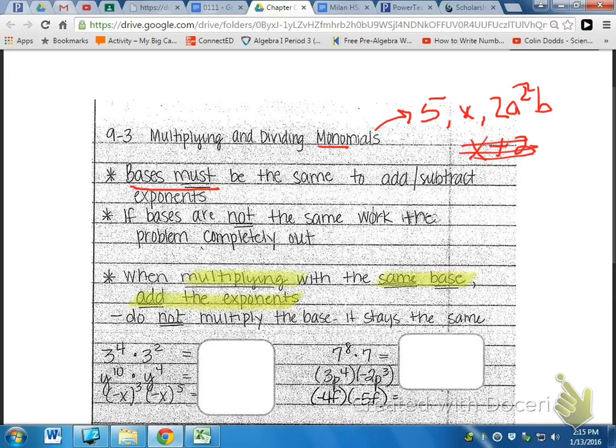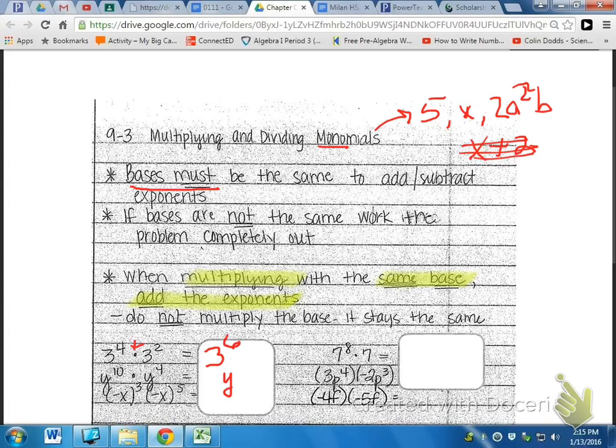So what we're looking at here would be this: 3 to the 4th power times 3 to the 2nd power. The base 3 stays the same, but you add 4 plus 2 and you get 3 to the 6th power. Okay, y to the 10th times y to the 4th.